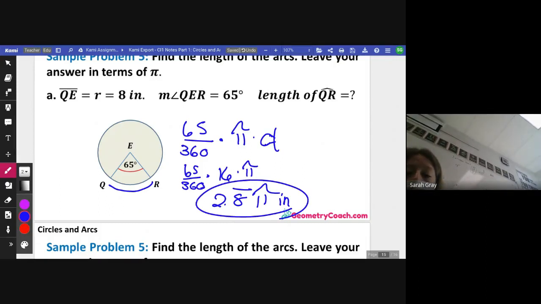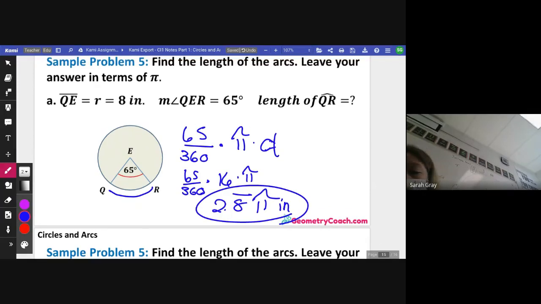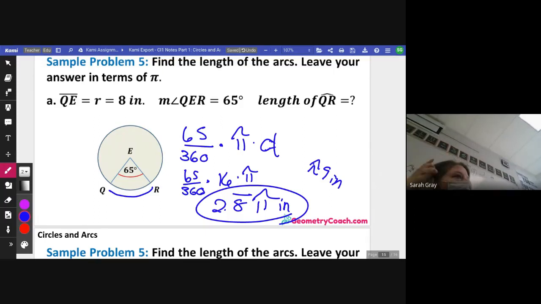And if we want to know how much that actually was, it'd be approximately 9 inches, just for that little section from Q to R. But we're leaving it in terms of pi. Okay. So far, so good? All righty.